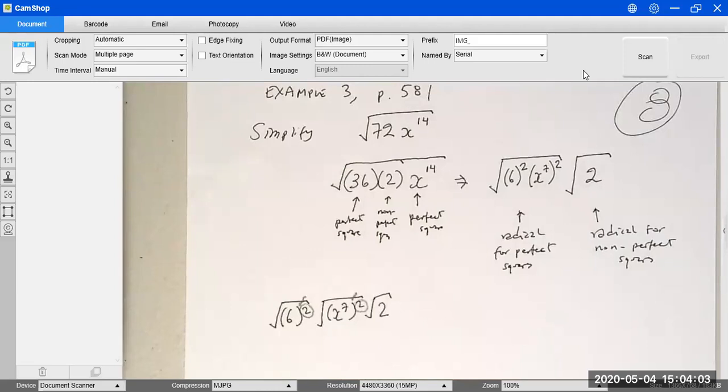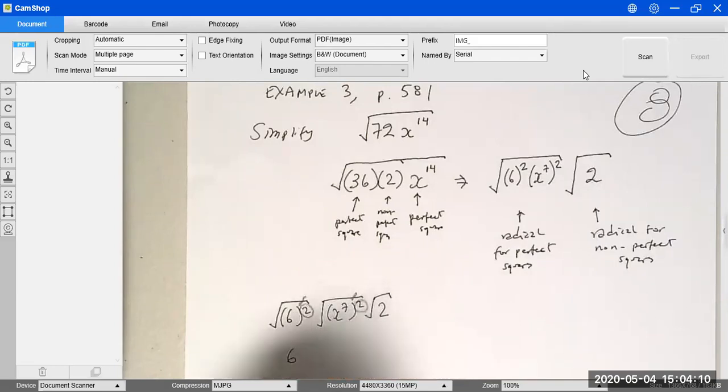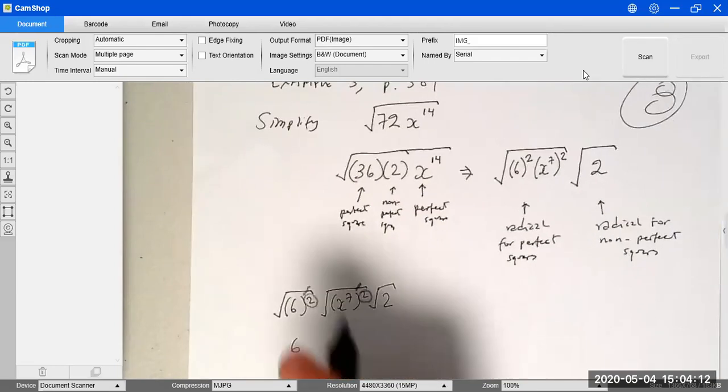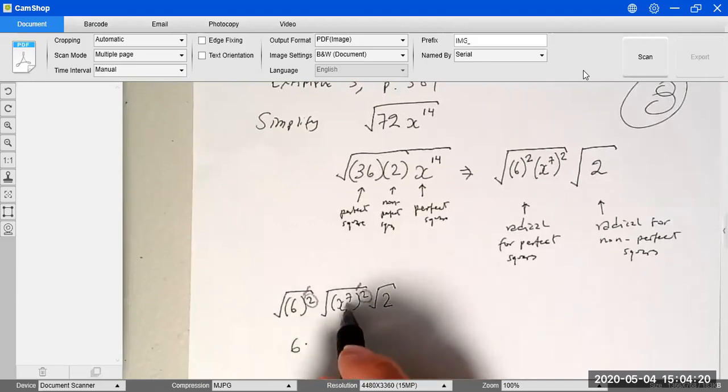So look at the radicand carefully. So you can see here that you have only 6. That's the only thing that is left once you remove the exponent and the radical. Then you have here, and this is a product, and you have x to the 7.